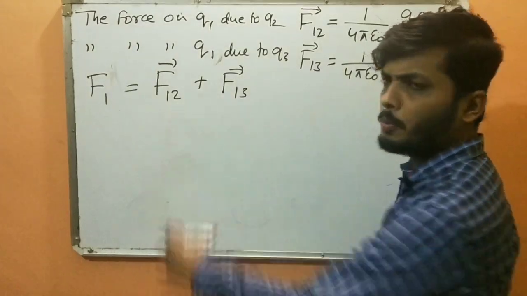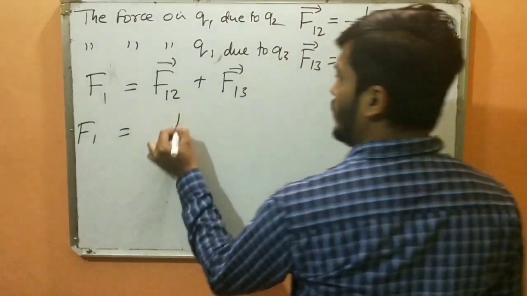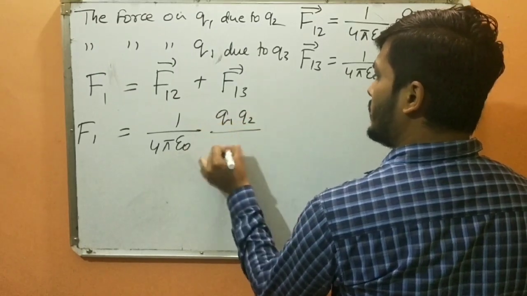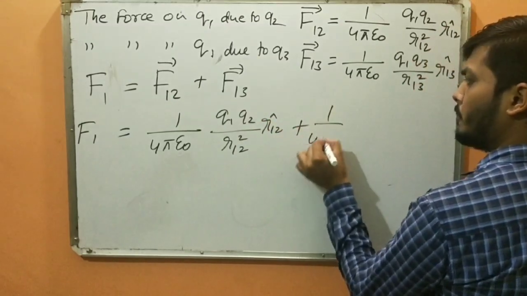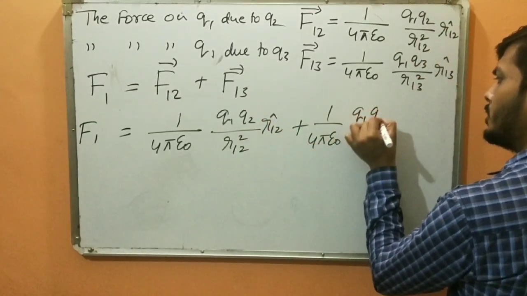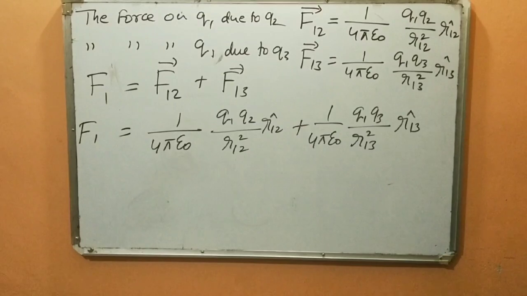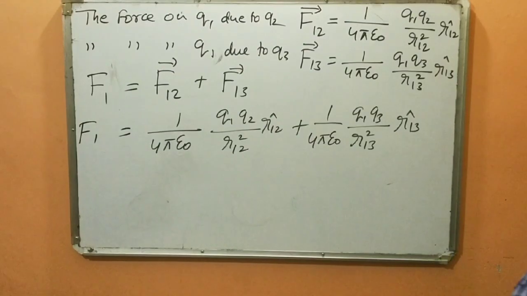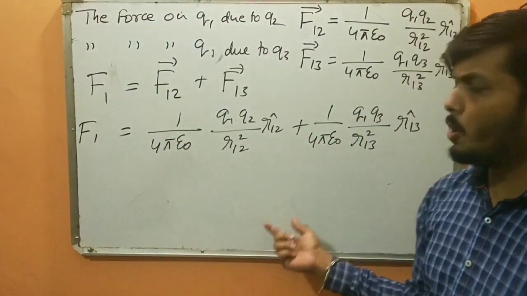So this is the simple superposition principle. So just go on adding this. F1 will be what? What is F12? 1 upon 4 pi epsilon naught Q1 Q2 divided by r12 the whole square, r12 vector, plus 1 upon 4 pi epsilon naught Q1 Q3 divided by r13 the whole square into r13, which is a unit vector. Now students, look at that equation. 1 upon 4 pi epsilon naught is common, right?